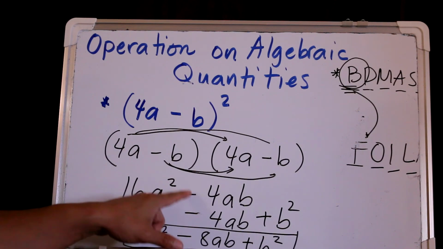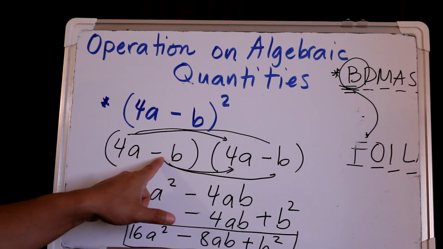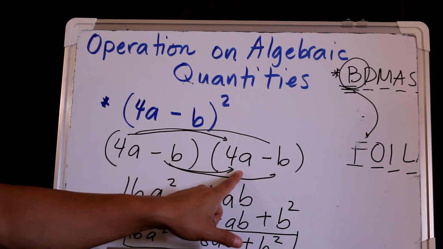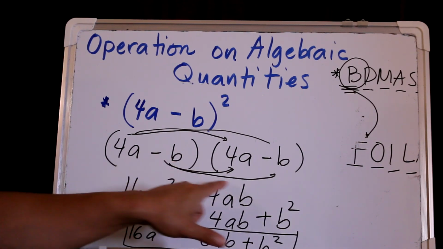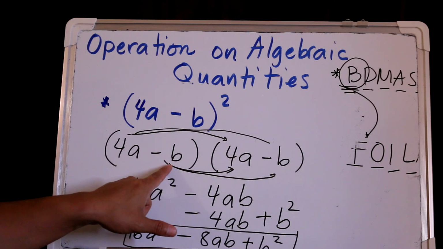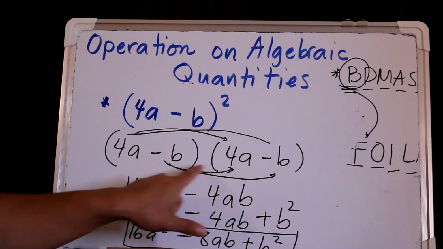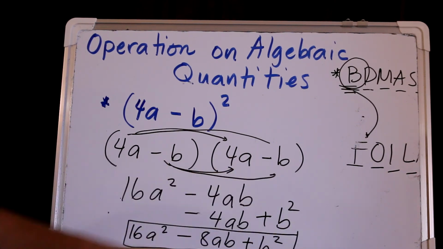Alright, so minus b here will go with this one also, it becomes also a minus, and the minus b here goes with the minus b there, so that's why we have a plus b squared. It's easy, right?